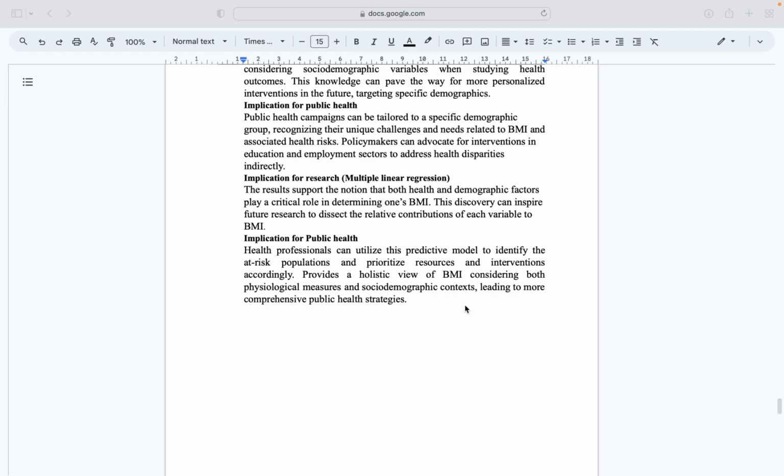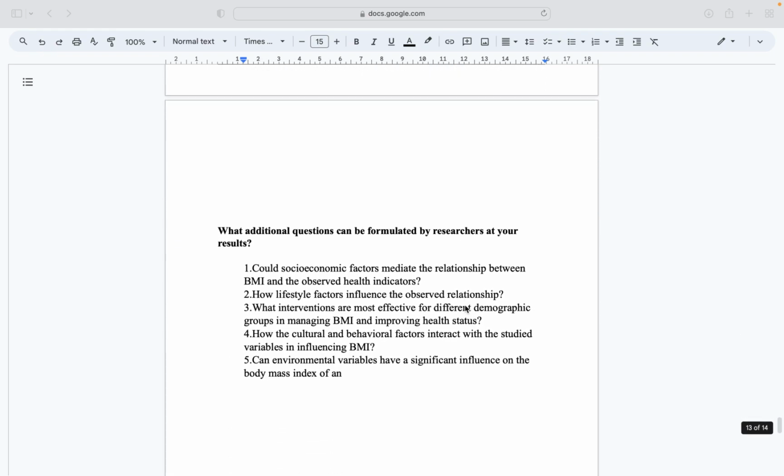Public health professionals can utilize this predictive model to identify the at-risk population and prioritize resources and interventions accordingly, which provides a holistic view of BMI considering both physiological measures and social demographic contexts, leading to more comprehensive public health strategies.